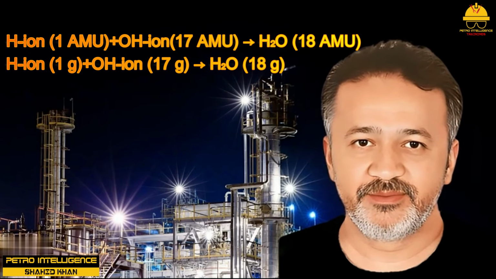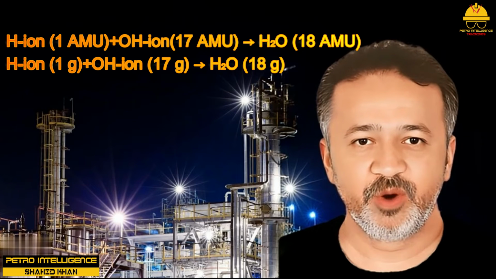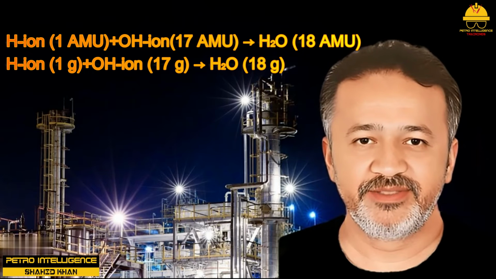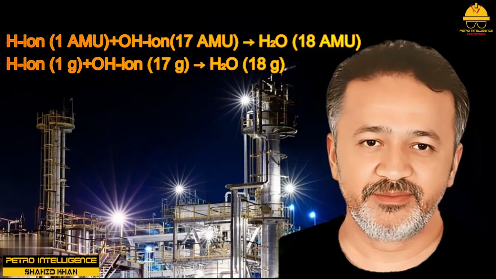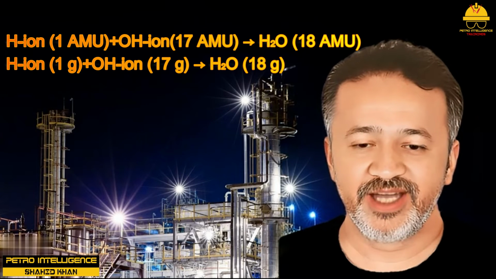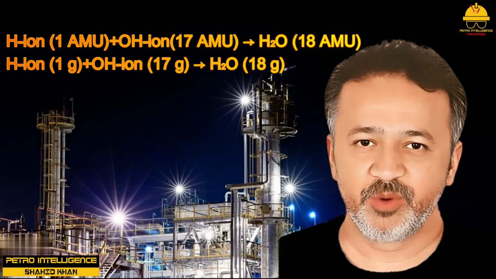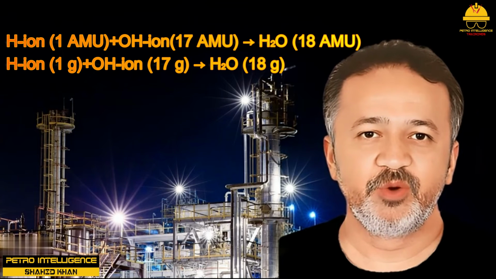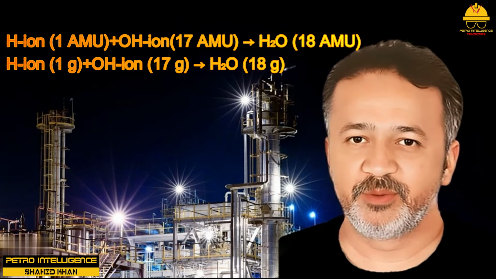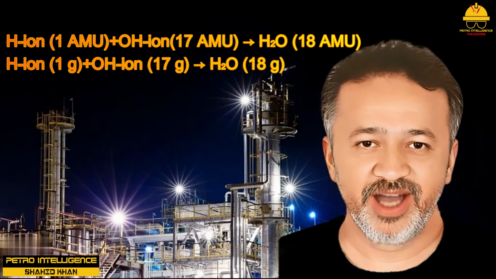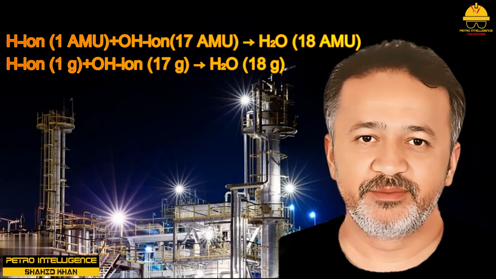Step 2. Ensure that reactant total weight is equal to product total weight. Step 3. Determine the numbers of reactant atoms to be sure they match. The reactant side of the equation has 2 hydrogen atoms and 1 oxygen atom. The product side of the equation has 2 hydrogen atoms and 1 oxygen atom.